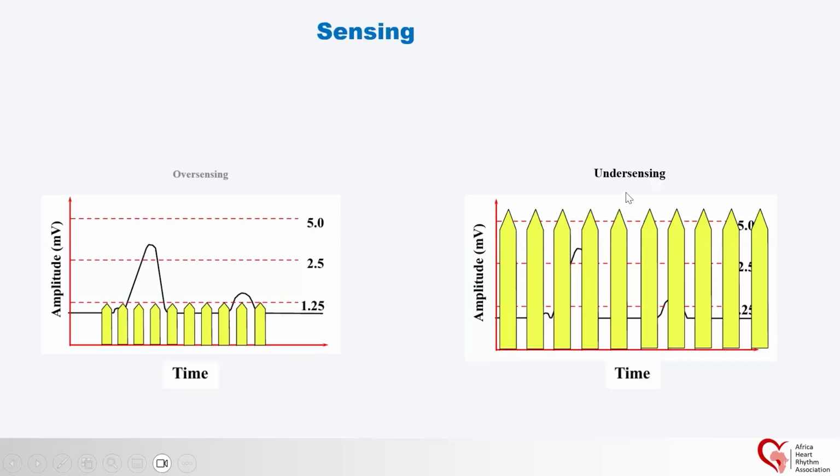Undersensing means the pacemaker is not able to detect the intrinsic activity. So we have two issues here. That's why we need to choose the best position for the lead to detect the intrinsic activity, not a position where we will detect myopotentials or interference or something like that, meaning other signals than the intrinsic activity or the myocardium signals.